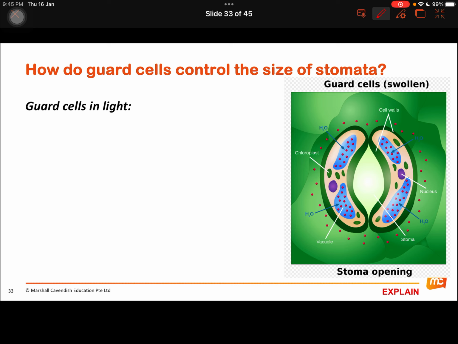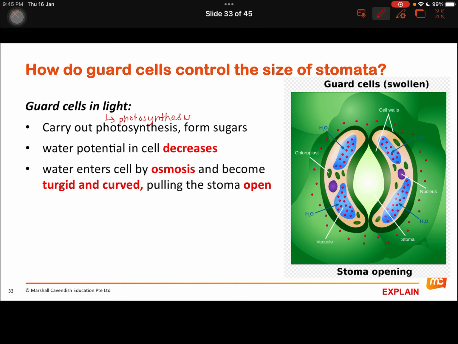So how does the guard cell control the size of the stomata? Alright, so let's take a look over here. In the day when there's light, guard cells are able to carry out photosynthesis. And this causes it to form sugar molecules inside. So imagine, inside of the guard cell, alright, due to photosynthesis, the concentration of glucose increases.